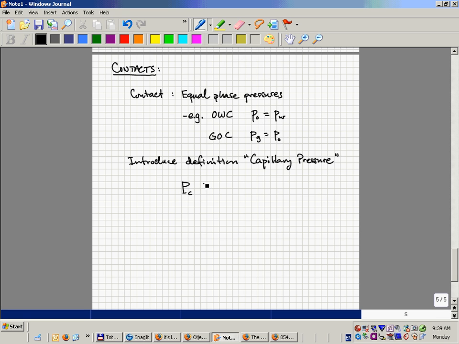I'm going to define that as, traditionally, the light phase pressure minus the heavier phase pressure. Light phase, heavy phase.